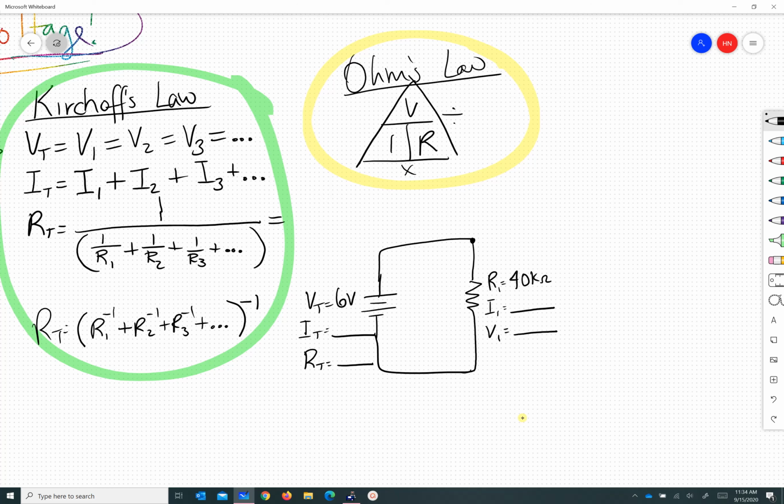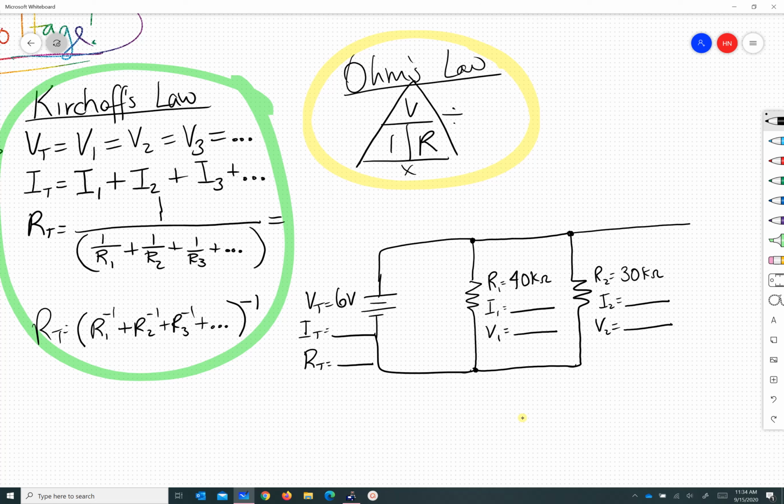I'm going to connect the second device directly to the battery, but drawn to the right-hand side. And this one happens to be 30 kilo ohms. So resistance 2 is 30 kilo ohms. The current through the device is unknown, and the voltage through this second device is also unknown.